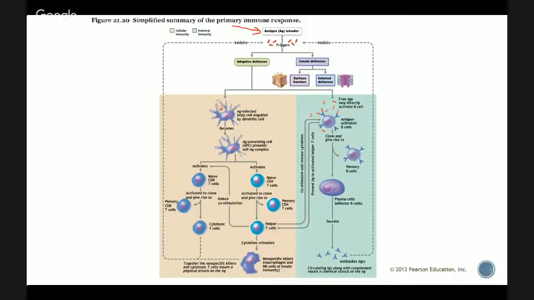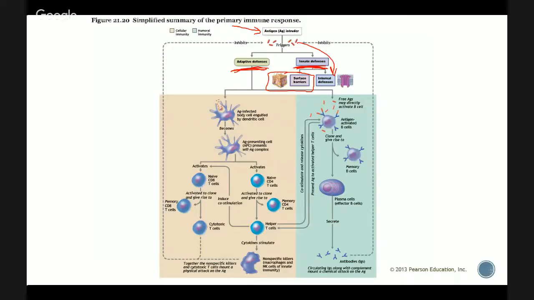And if an antigen makes its way past the surface barriers and affects the internal environment, whether it's through the innate defenses or the adaptive defenses, it's going to initiate the immune system response.